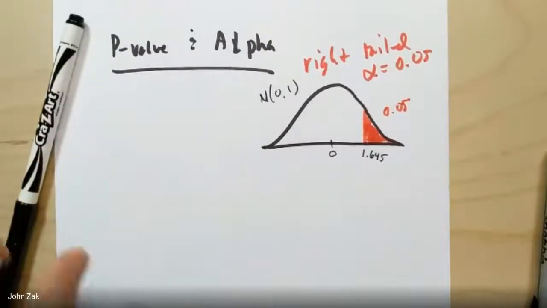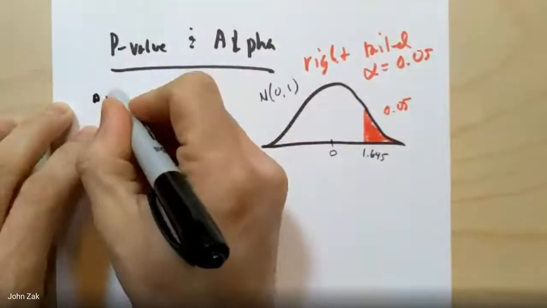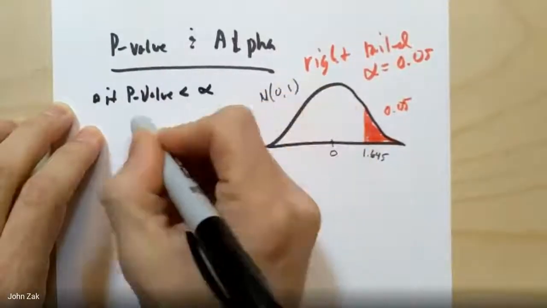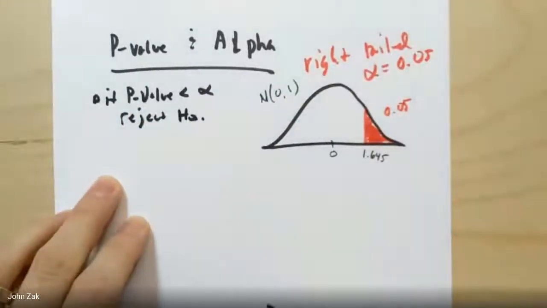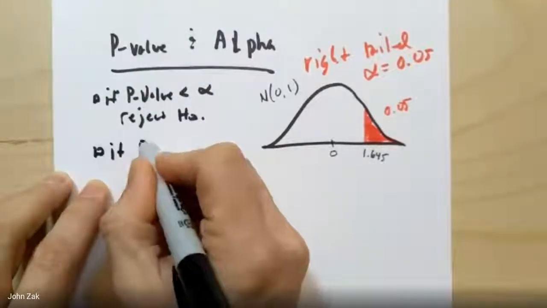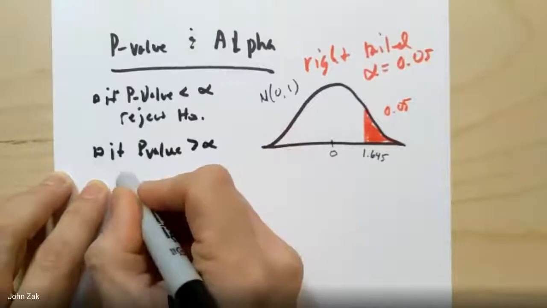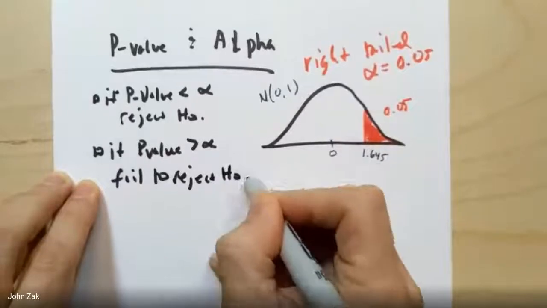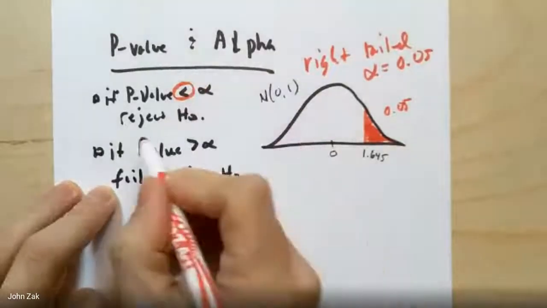The key most basic fact about p-values is that if the p-value is less than alpha, then you reject the null hypothesis. The obvious other result is if the p-value is greater than alpha, then you fail to reject H0. So if the p-value is less than alpha, you reject.